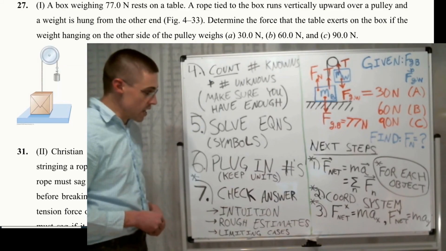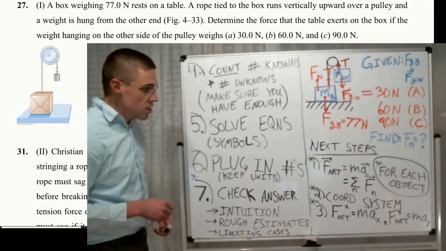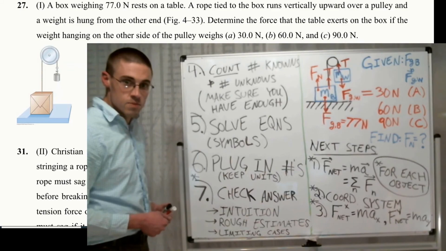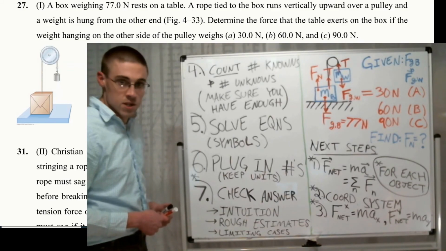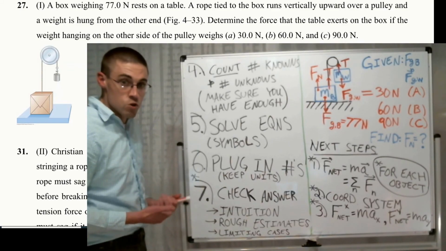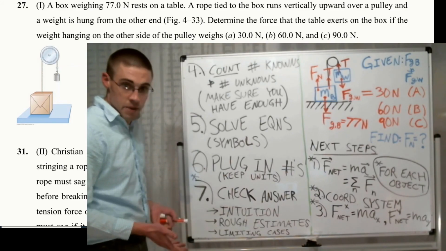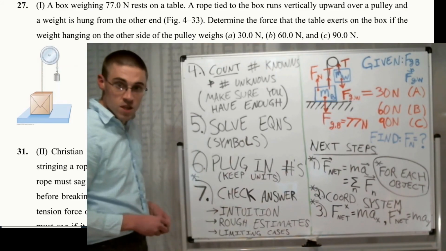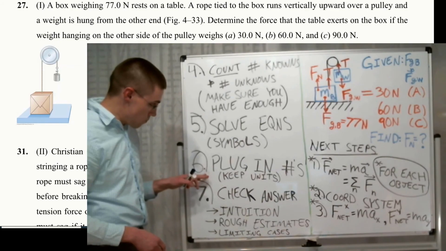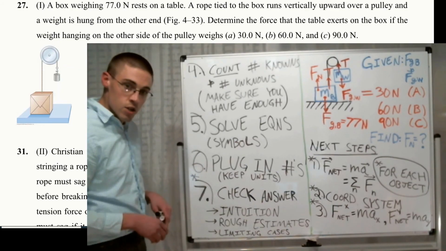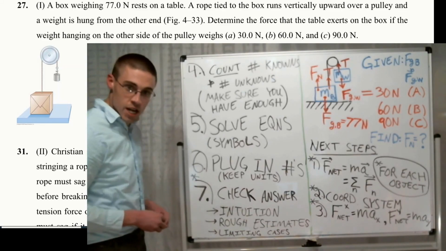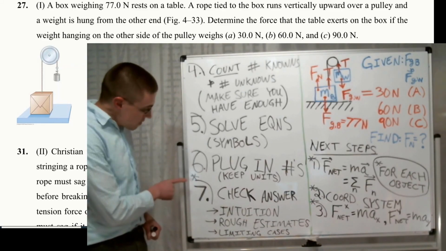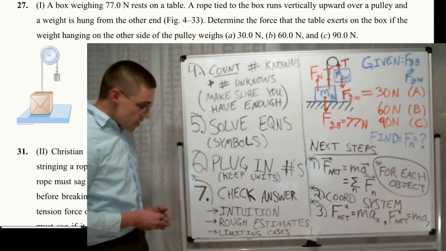If at the end you're supposed to find a force and it comes out in units of meters per second squared, then you must have at some point forgotten a mass, dropped a mass. And so if you keep your units along in there while you plug in numbers, you will have that nice check on your answer. Okay, and then finally, step 7, check your answer.